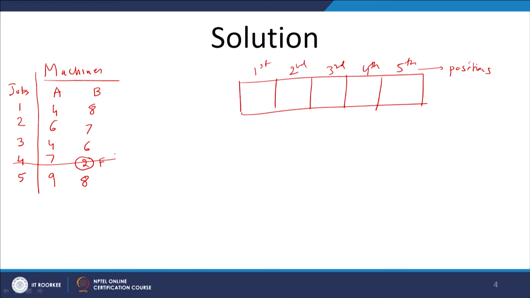and then the second one we have to find out from the remaining ones. Now, you see that from the remaining ones we have 4 over here and 4 over here, 4 at the first job on machine A and 4 at the third job on machine A. So, there is a tie.